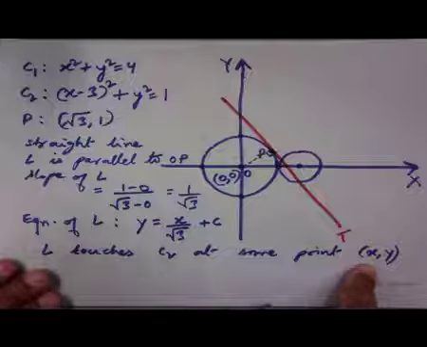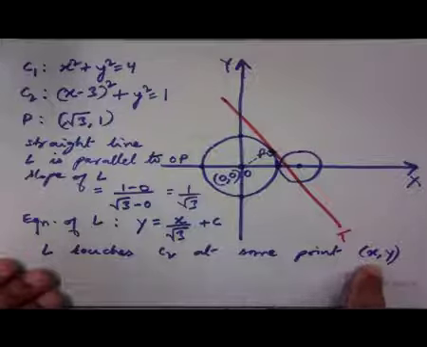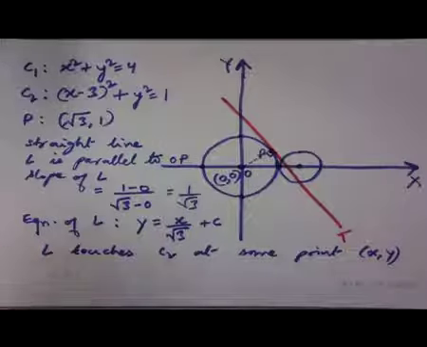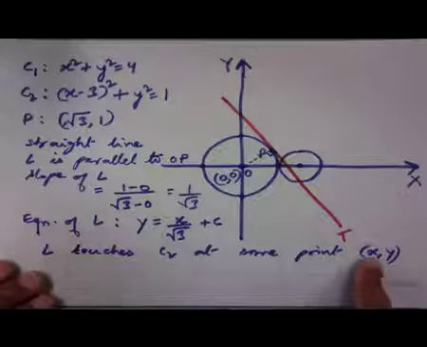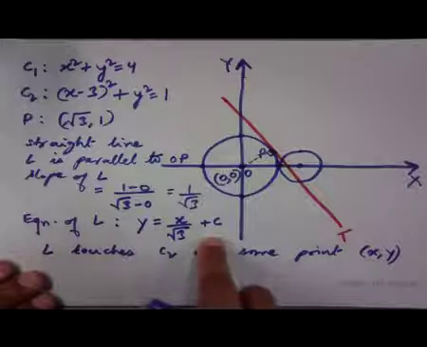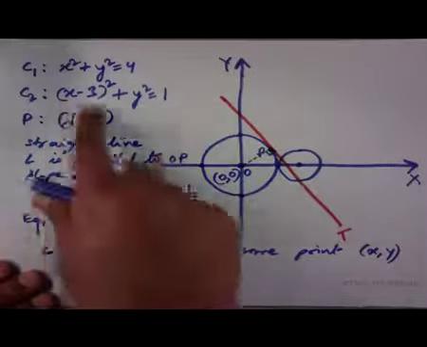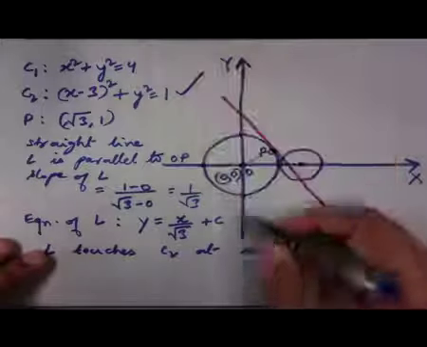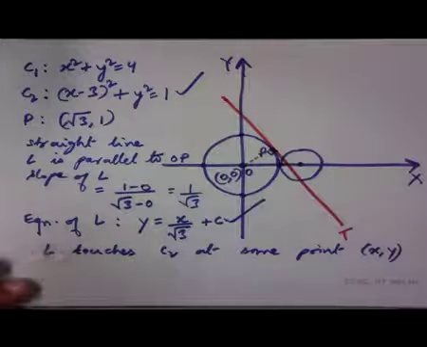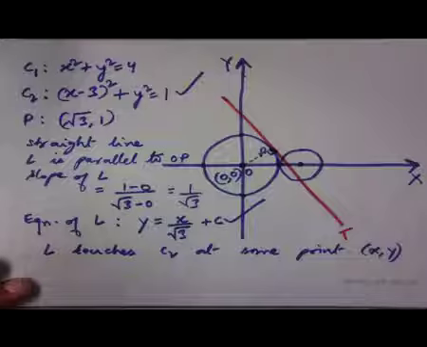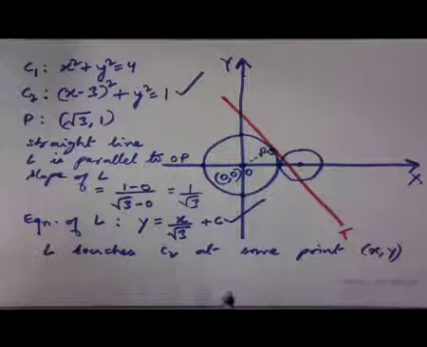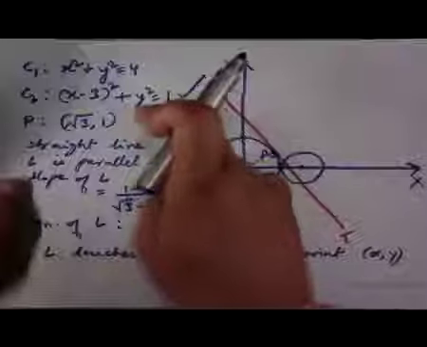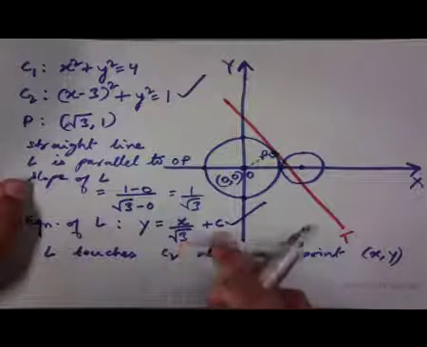Then it is clear that the coordinates of this point where L and C2 touch each other must satisfy this equation as well as this equation. So, both these equations will have to be satisfied, and therefore, if we try to solve these two equations simultaneously, what we can do is replace this y by x by root 3 plus c.